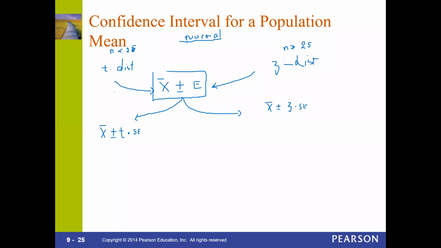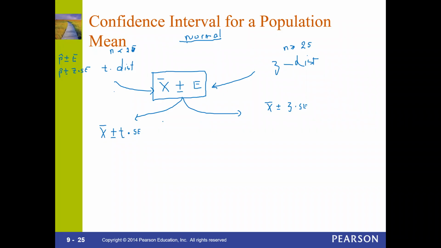What we did in the past for population proportion was P hat plus or minus E, where E is the Z value times the standard error. That's what we did in the past.